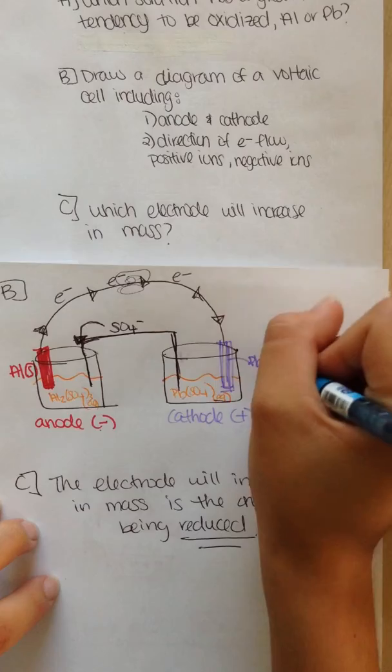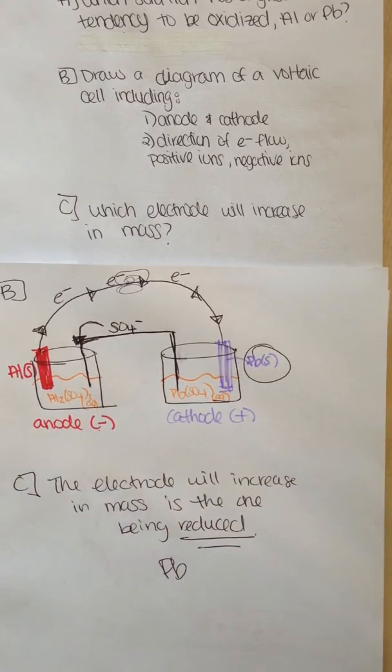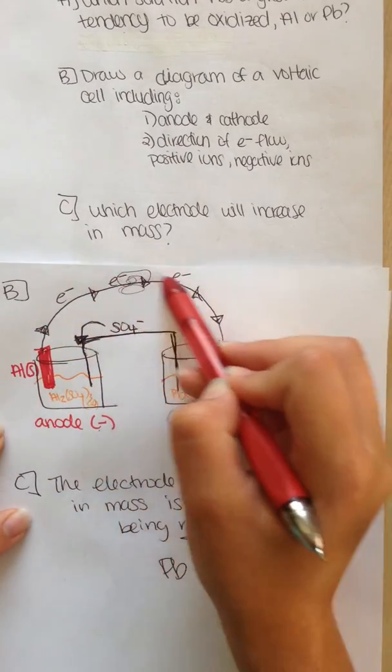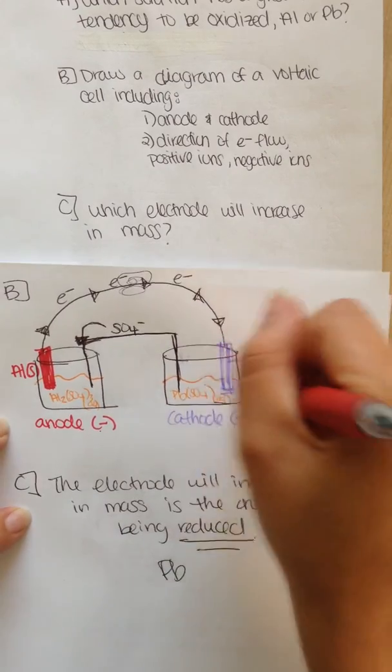And the one being reduced is lead, Pb. You can also see that all the electrons are moving to the lead, so they're accumulating, causing more mass.